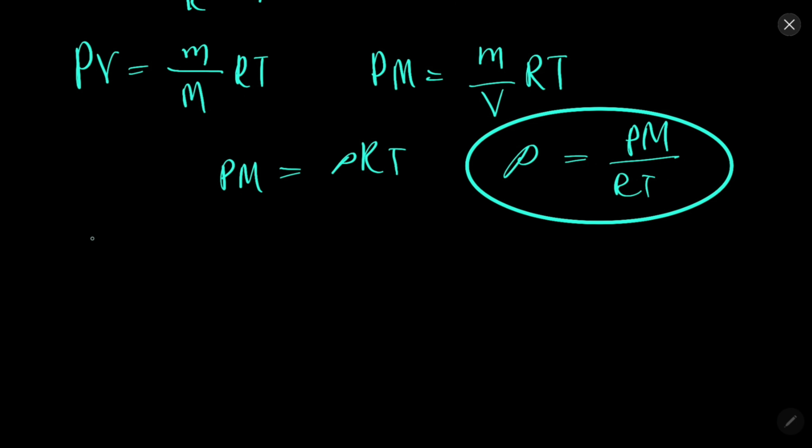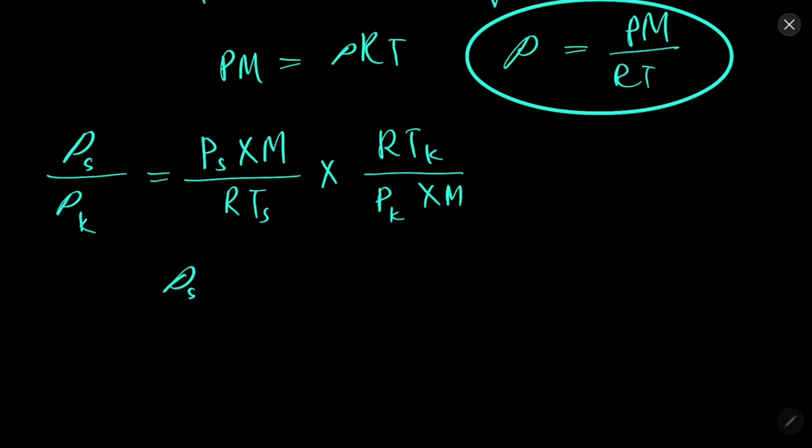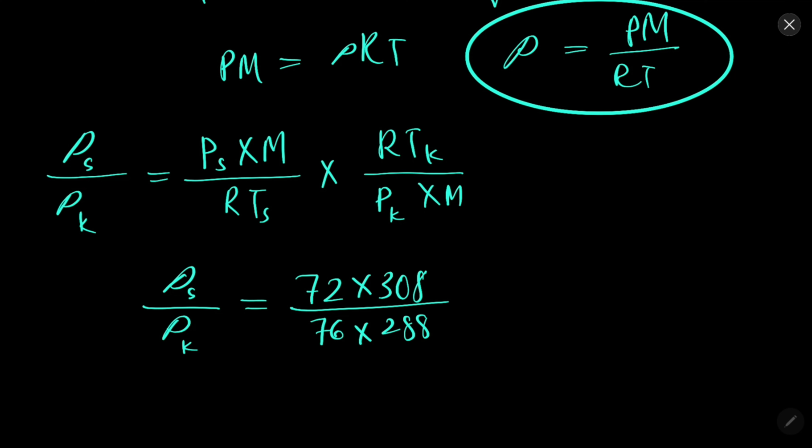From this, density at Shimla over density at Kalka equal to pressure at Shimla into M over RT Shimla, into RT Kalka over pressure at Kalka into M. After putting all the values, we will have 72 into 308 over 76 into 288.